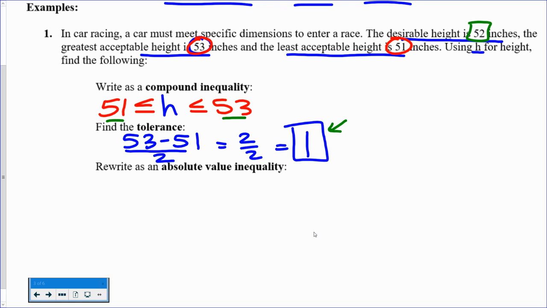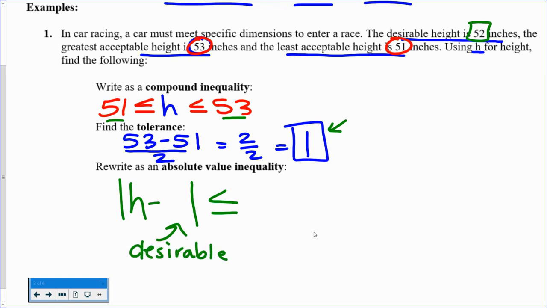And how we would rewrite this as an absolute value inequality, it has a similar setup every time. I'd have my variable that I'm figuring out, so height minus, this is that desirable amount, so that would be 52, and this number will be your tolerance.